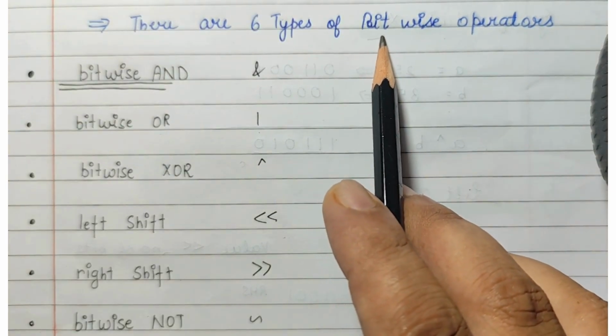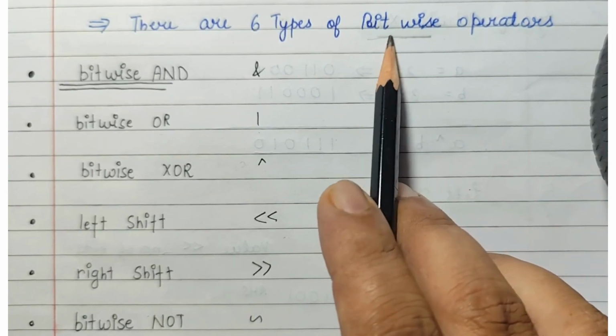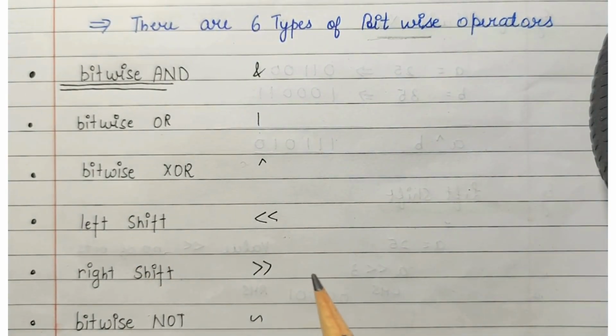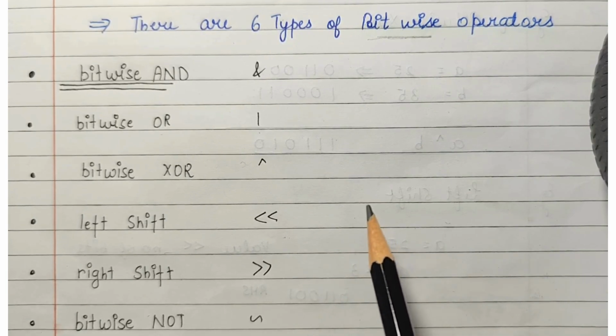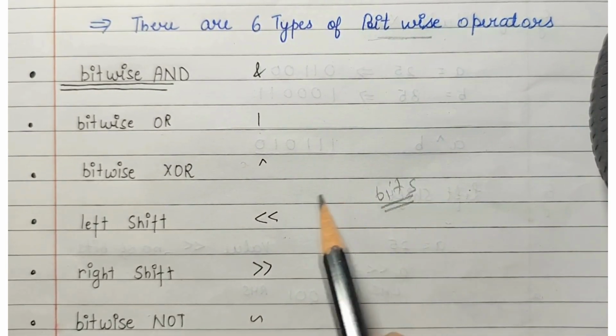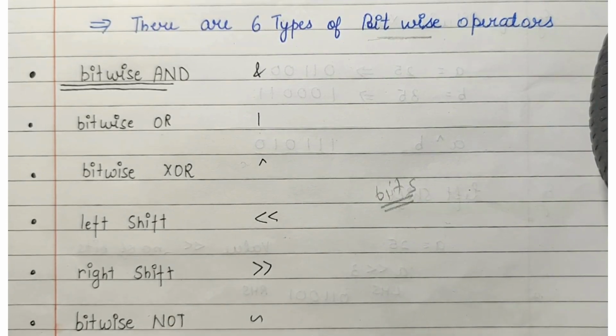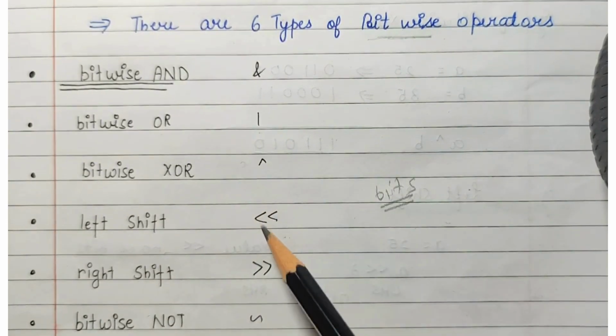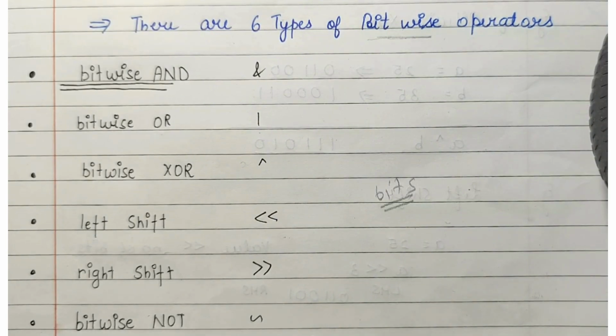These operators are called bitwise because rather than operating on the value, they operate on bits. I will explain by example how these operators work at the bit level, how the output is produced, and how these operations are performed in a coding language.